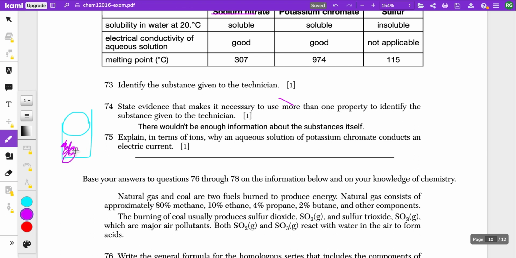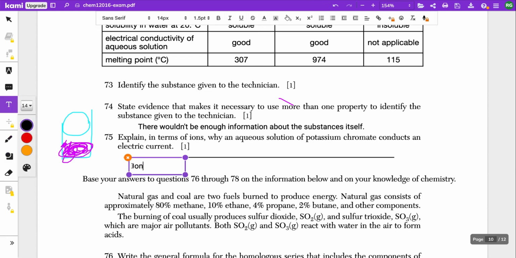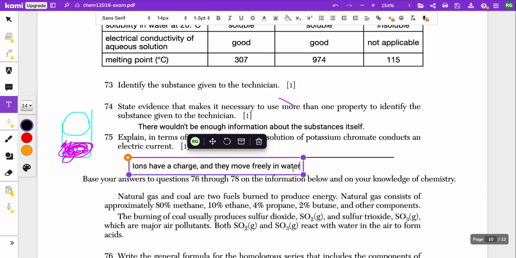If we want something to conduct electricity, we need something that has a charge and it's moving. In this case, ions. Ions have a charge and they move freely in water. When you have a charge that moves freely, it conducts electricity.